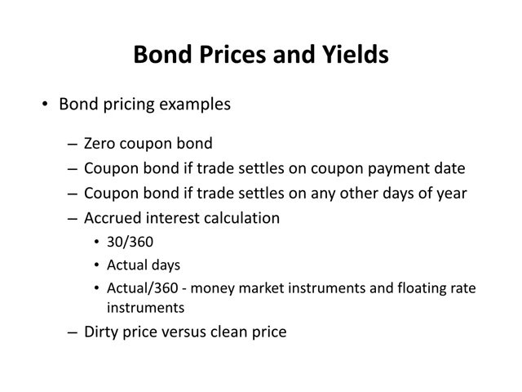Initially, we'll price them for trades settling on a coupon date when there is no accrued interest. Then we'll move on to the more likely situation for trades settling between coupon payment dates, which necessitates the determination of accrued interest. In that context, we'll introduce how fixed income markets account for the passage of time, the so-called day count conventions, as well as the related jargon of clean price versus dirty price.